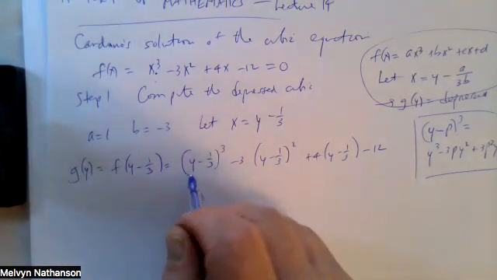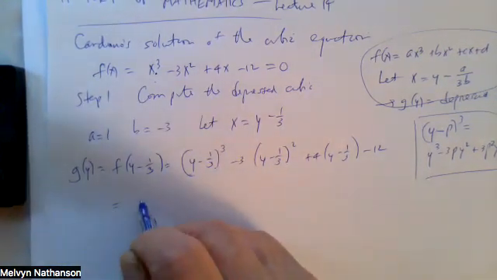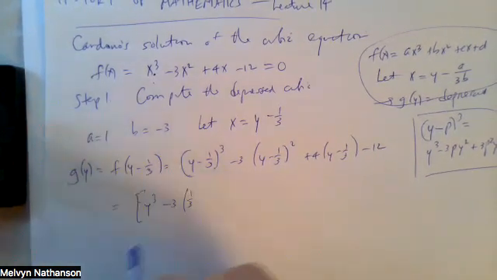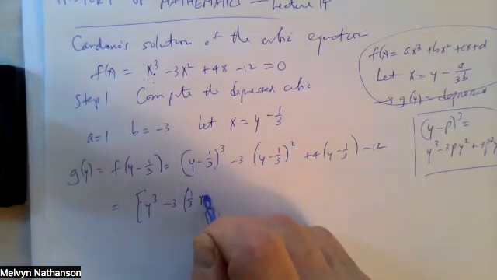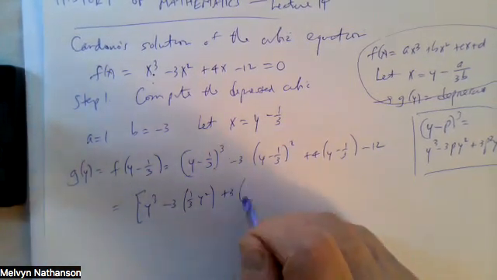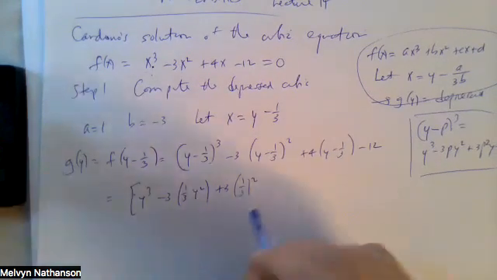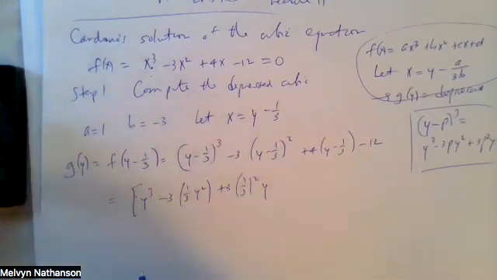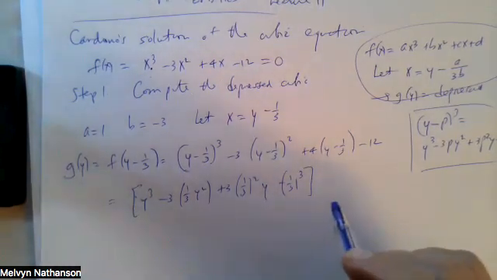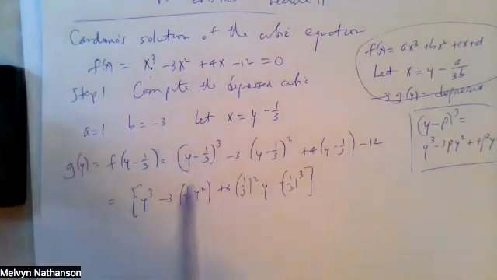So when you expand this first term, you get y cubed minus 3 times a third y squared plus 3 times a third squared y minus a third cubed. If you expand this by the binomial theorem, that's what you get.